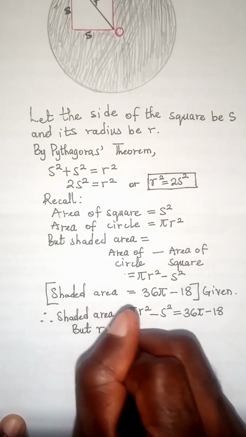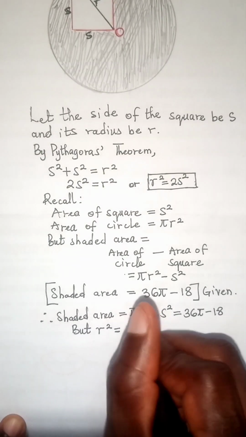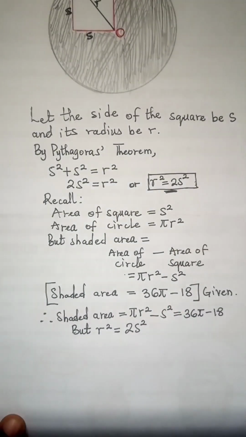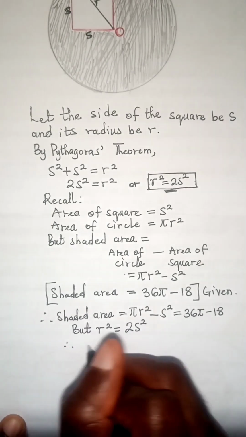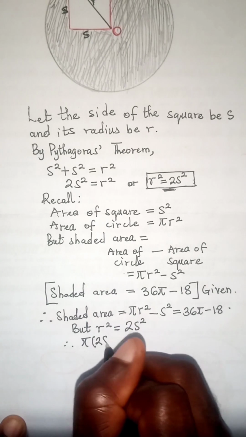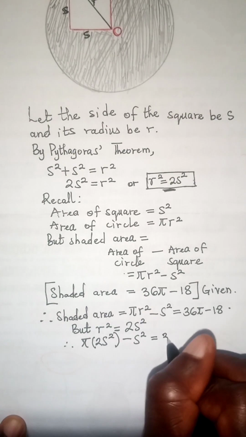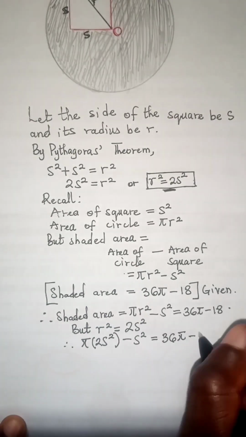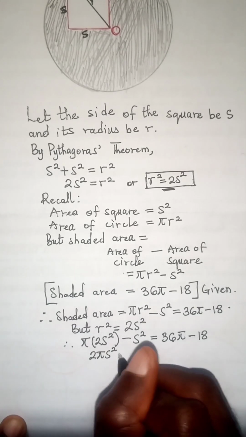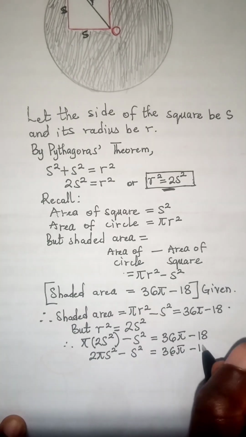And recall that above we have said that r squared by Pythagoras theorem is 2s squared. So we can substitute for r squared in the formula we have of the shaded area, and that is pi times 2s squared, minus s squared, equals 36 pi minus 18. Then that becomes 2 pi s squared minus s squared equals 36 pi minus 18.